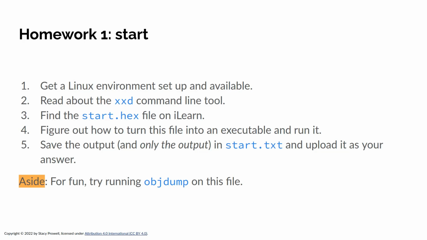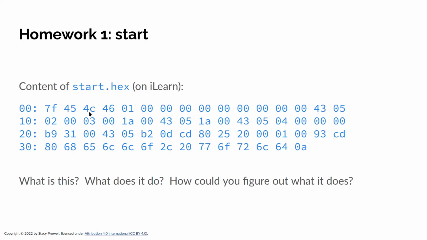You get that file and figure out how to turn that file into an executable and run it. That's right. Take this, turn this into an executable, and then run the random bytes I've given you on your system. What could possibly go wrong? I promise this is not malicious.